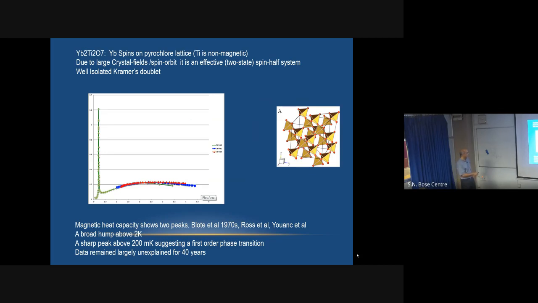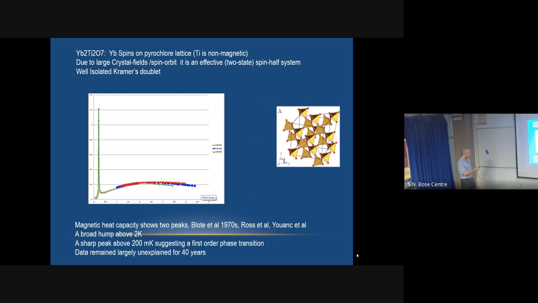There's a broad hump over here, but then there's a very sharp peak at low temperature, at around 200 millikelvin. Sorry, the scale is not so obvious. This is in Kelvin over here, going up to 5 Kelvin. So there's a peak around 2 Kelvin, and then there's a very sharp peak around 0.2 Kelvin over here, 200 millikelvin.